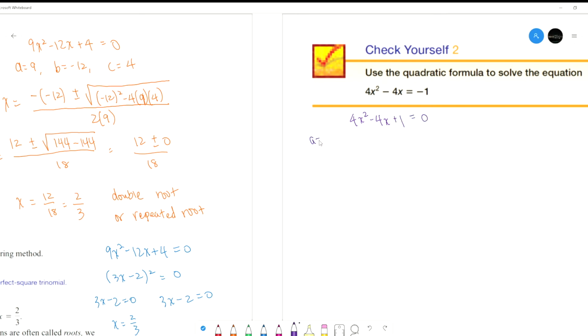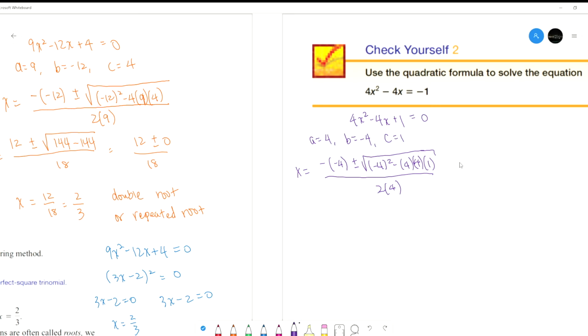So a is equal to 4, b is equal to negative 4, and c is equal to 1. Now I can plug this into the quadratic formula. I have negative b plus or minus the square root of b squared minus 4ac over 2a.